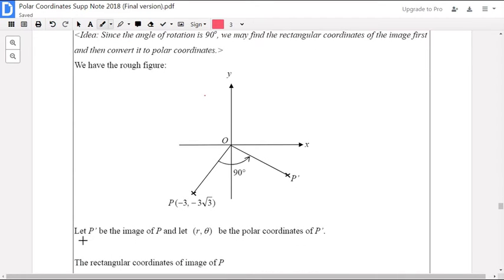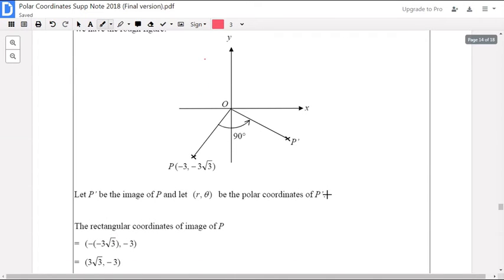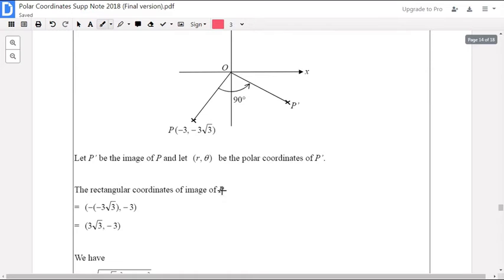So we let P prime be the image of P after rotation, and let (r, theta) be the polar coordinates of P prime. And we first find the rectangular coordinates of P prime.